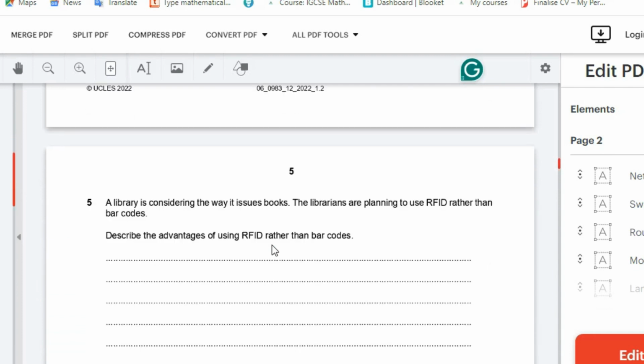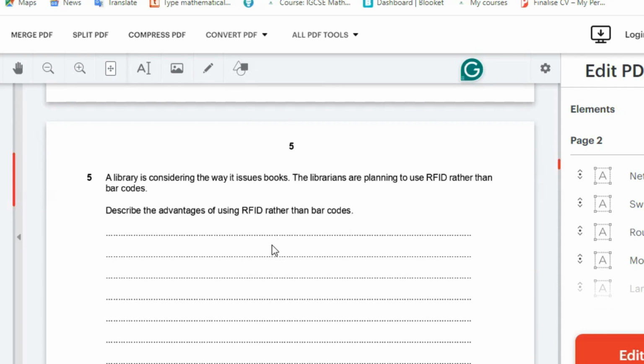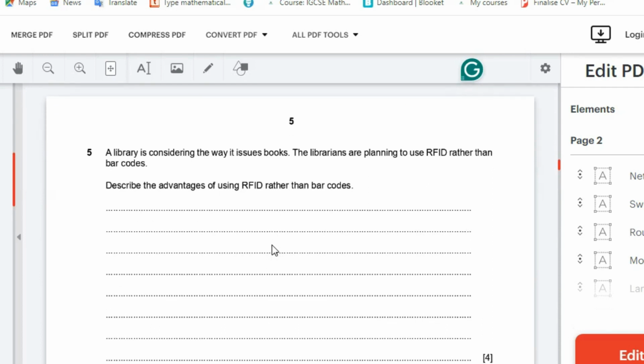A library is considering the way it issues books. The librarians are planning to use RFID rather than barcodes. Remember, we discussed RFID and barcodes in our previous classes, right? In the previous solutions that we've made.